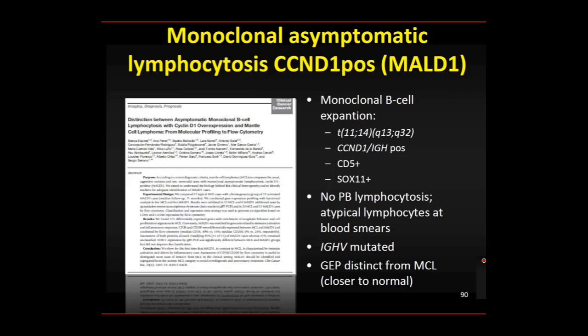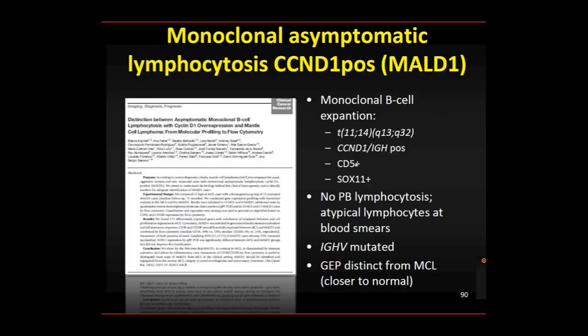If it's true that t(11;14) can happen, does happen, in the bone marrow as a mistake in VDJ editing, it's not surprising that, exactly as it happened for t(14;18) in follicular lymphoma, we can have a monoclonal lymphocytosis carrying cyclin D1 and being asymptomatic.